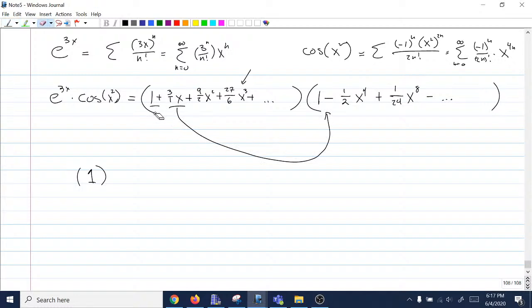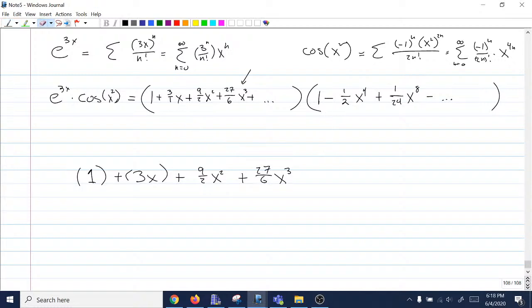There's no way to multiply any other way to get an x term. So my x term will be 3x times 1 is 3x. How many ways can I get x squared? Well, I have x squared times 1, and that's it. 9 over 2 x squared. How many ways can I get x cubed? Well, I've got this, and that's it. 27 over 6 x cubed.